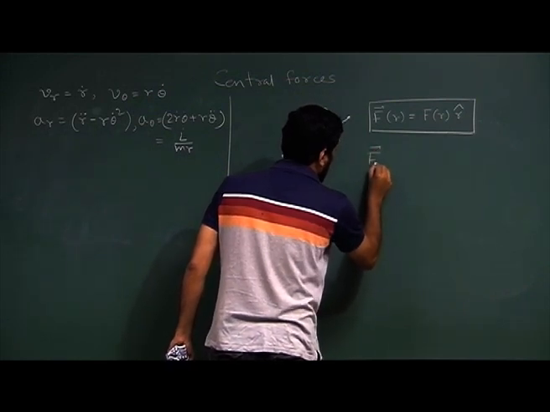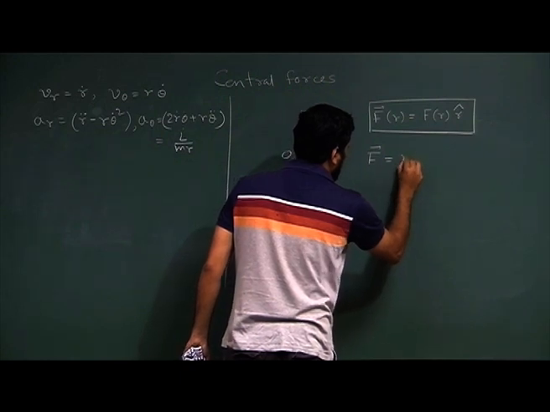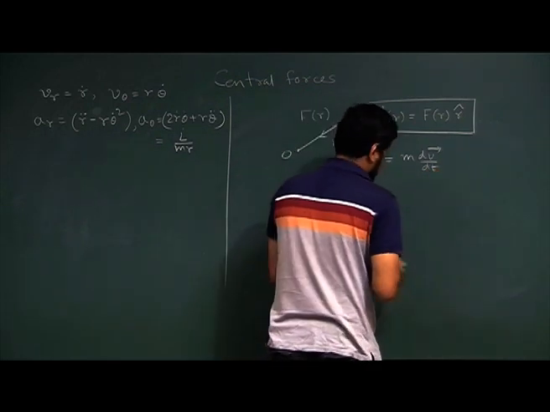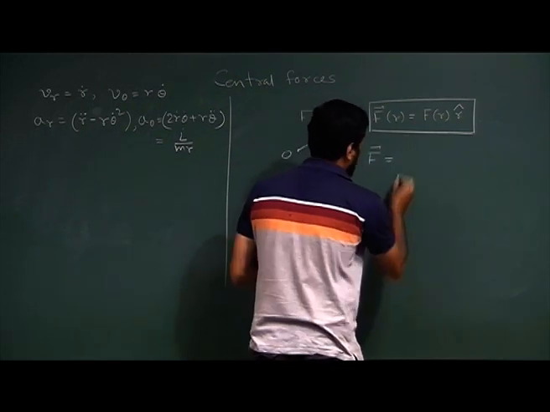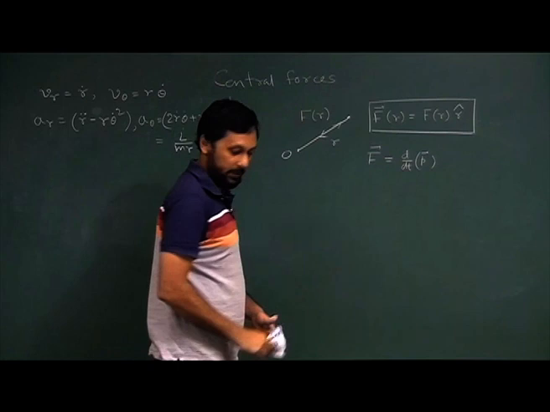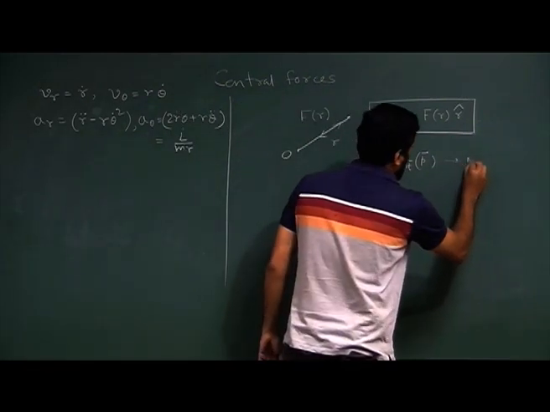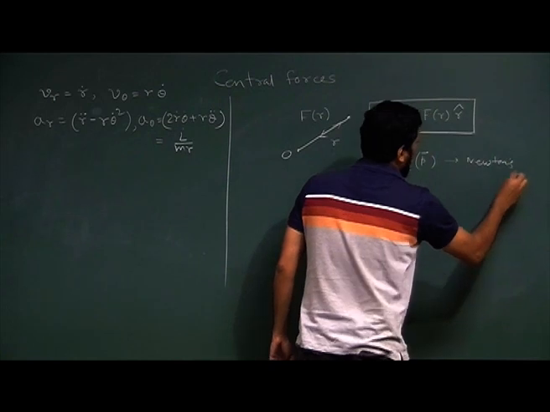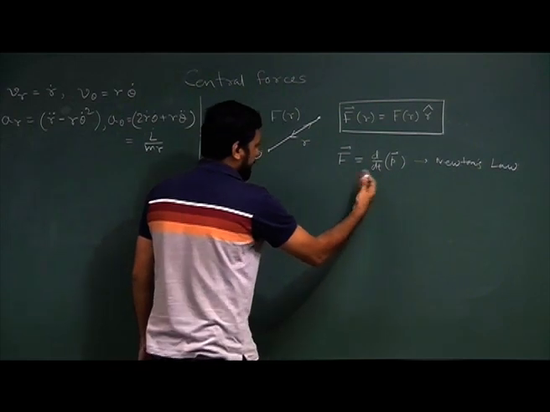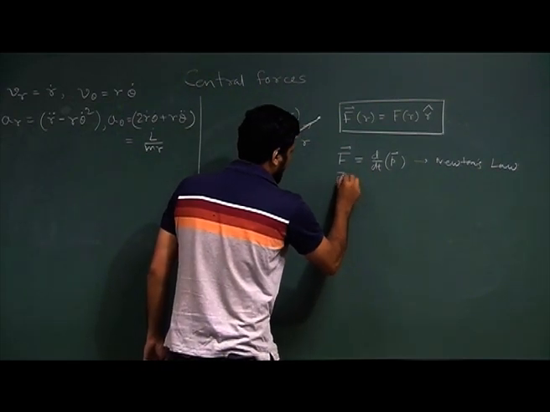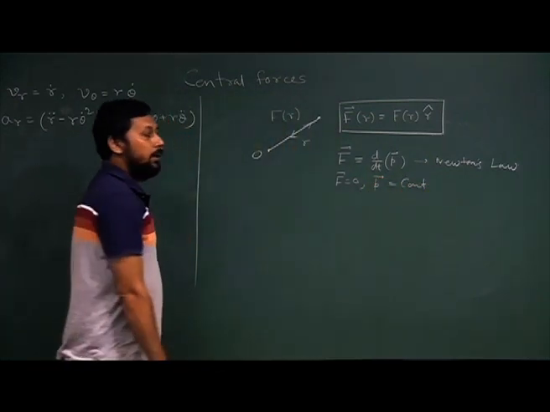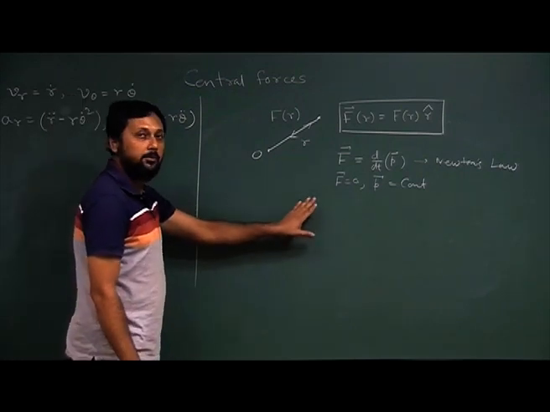So, we have Newton's law as F equal to m dv dt, or more fundamentally, as we discussed in one of our previous classes, d dt of p. So, this is from Newton's second law, and the immediate conclusion is if F is equal to 0, p is equal to constant. We can write a similar relation in terms of angular momentum.